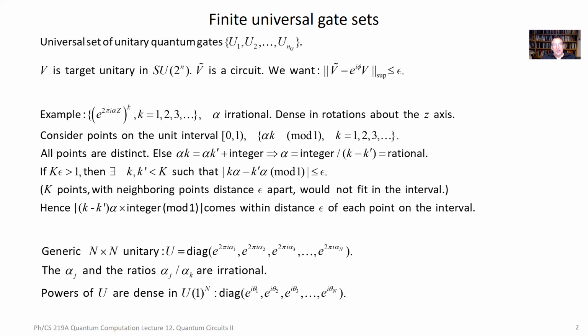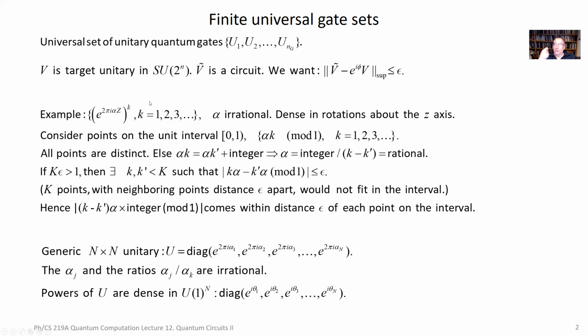Let's suppose I'm just considering a rotation on the Bloch sphere about the z-axis by an angle which is an irrational multiple of 2 pi. I wrote it as e^{2 pi i alpha Z}, where alpha is an irrational number and Z is the Pauli operator Z. And let's consider the powers of that gate.